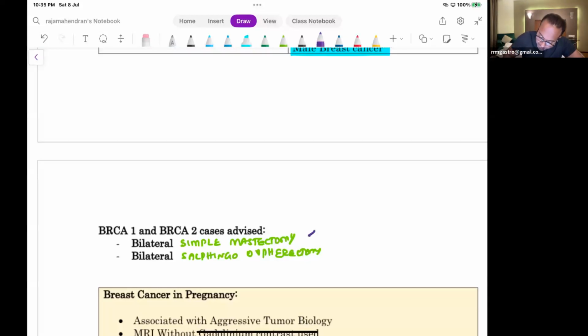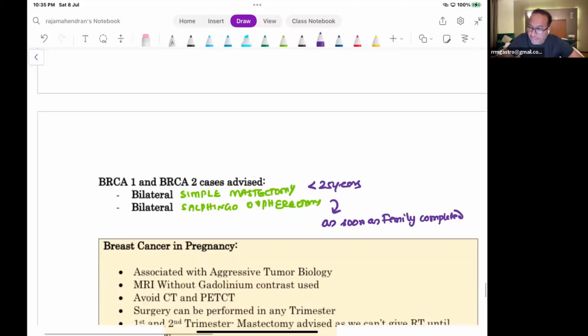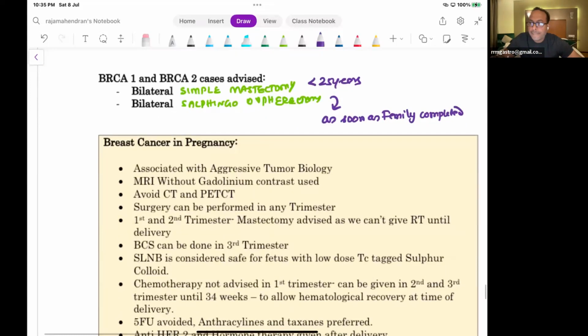Simple mastectomy should be done before 25 years and oophorectomy should be done as soon as family is completed. Once family is complete, remove the ovaries. Please don't forget these points.